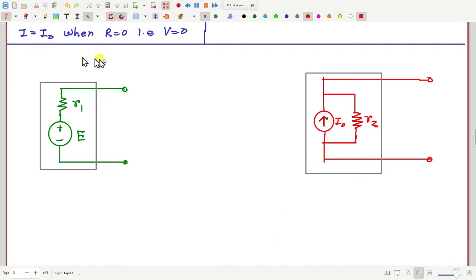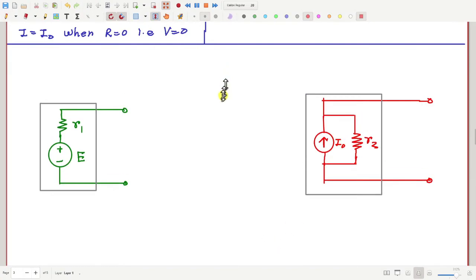Suppose R1 is equal to R2, so that we have two practical sources, one voltage source and one current source, but their internal resistances are the same.